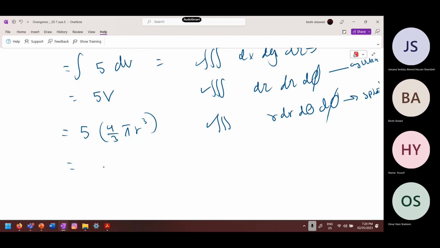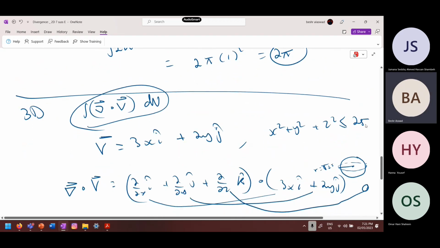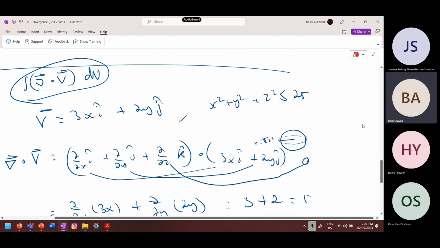Okay, that's equal to 20 over 3 pi r cubed. And the value of r is given again back here by taking this. Actually, it's not the third root, it's the square root. I don't know why I said third root, which is equal to 5.